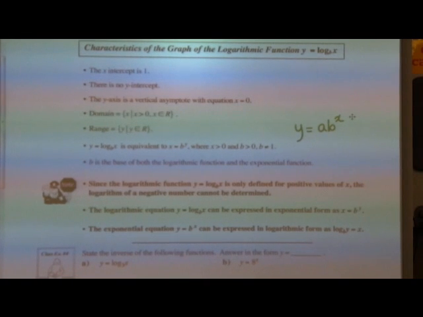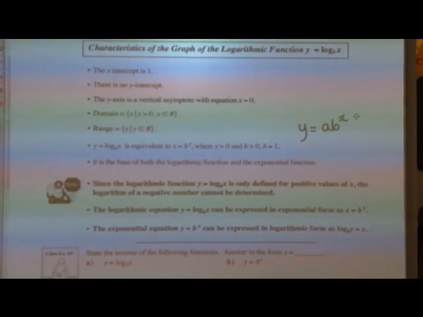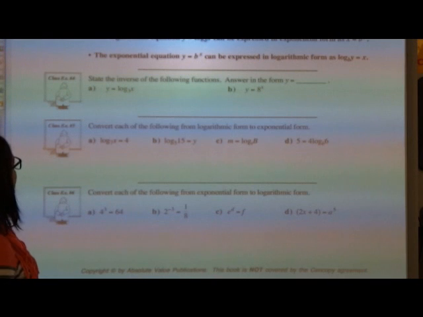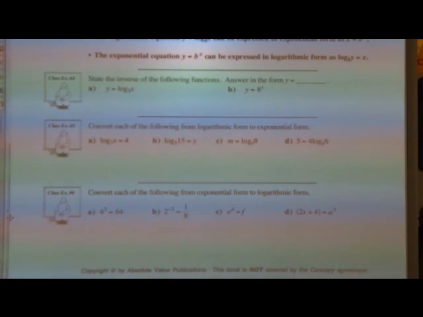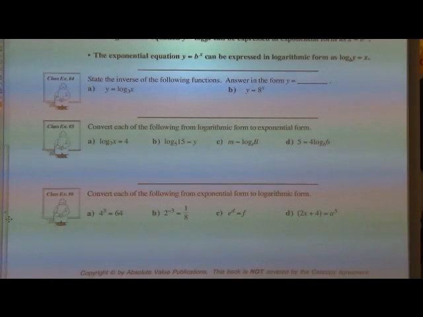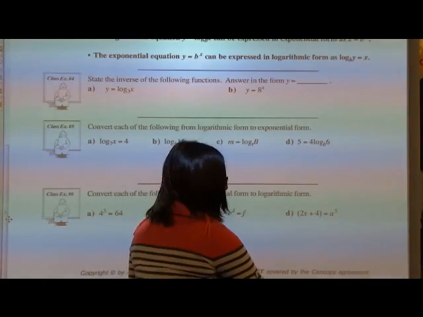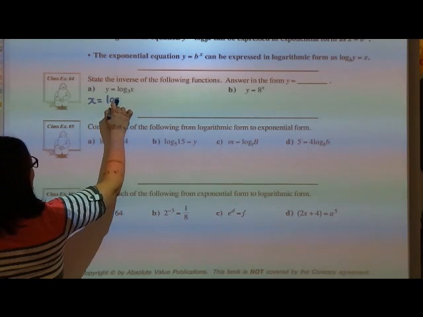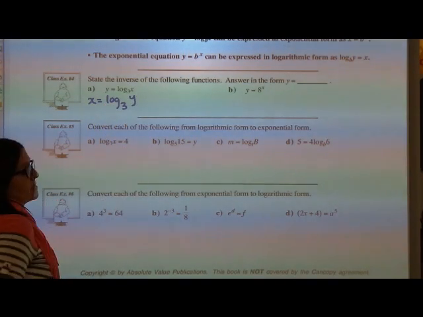So now if we take a look at the examples in your workbook, class example number 4: state the inverse of the following functions and answer them in the form of y equals. If we look at A, we have y equals log base 3 of x. In inverse form, this would become x equals log base 3 of y.